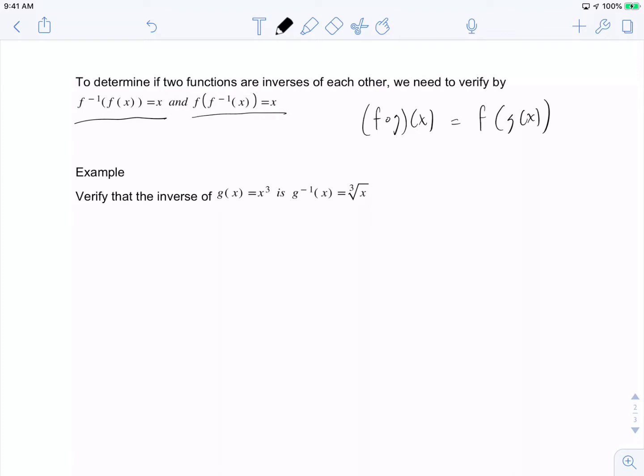So let's do this example to show that. So the first example is going to be f inverse, or g inverse because we're using g, of g of x.